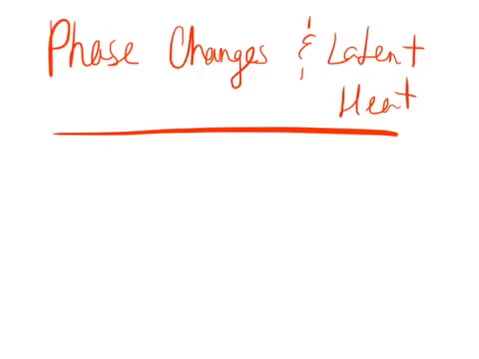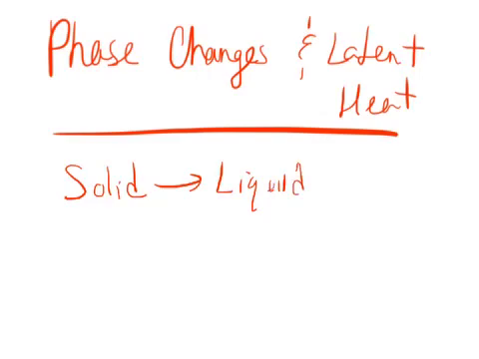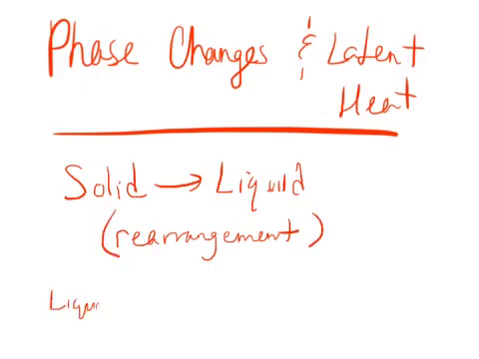When you melt a substance and go from solid to a liquid, the energy needed is going into just rearranging the molecules. There's a little more to it than that, but let's just say it's rearrangement. Whereas when you go from a liquid to a gas, you're separating the molecules.